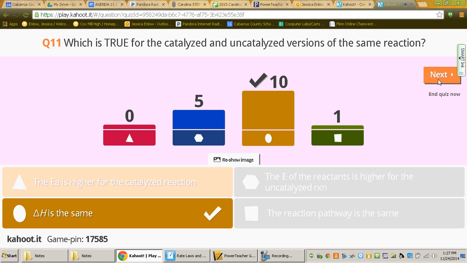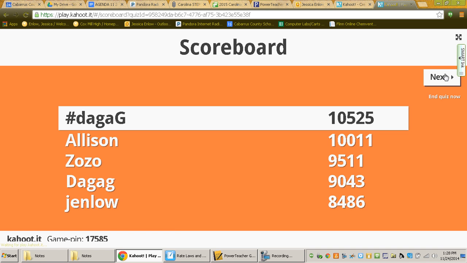Yes. Okay, so we had a lot of people choose 5. Just note it says the E of the reactants is higher for the uncatalyzed reaction. So it would have to say something like the activation energy, so it doesn't have to specify reactant, but it should have said Ea there. I could have said 2 answers on that for you.